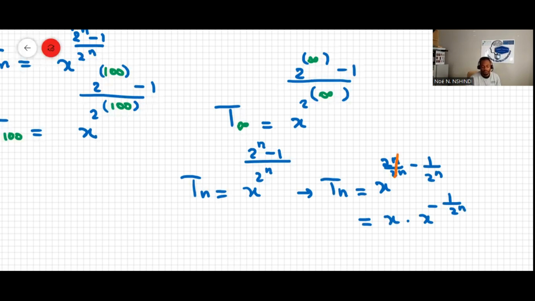So now if we want to work out T to the infinite, then 2 to the infinite, it means we're going to substitute where we have n by infinite. So that makes x to the power of, or maybe let's do it this way.